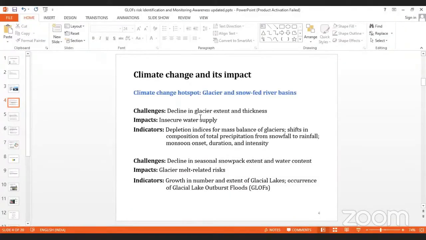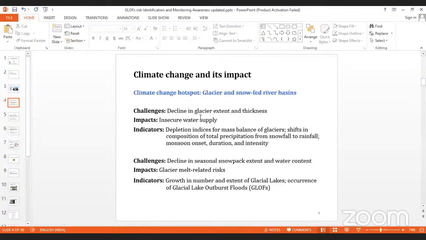Basically, we found that climate change is covering 2 types of challenges. One is the decline in glacier extent and thickness. Due to the decline in glacier extent, the thickness reduces day by day, and after that there is damage, or we can say a burst, in a glacier.